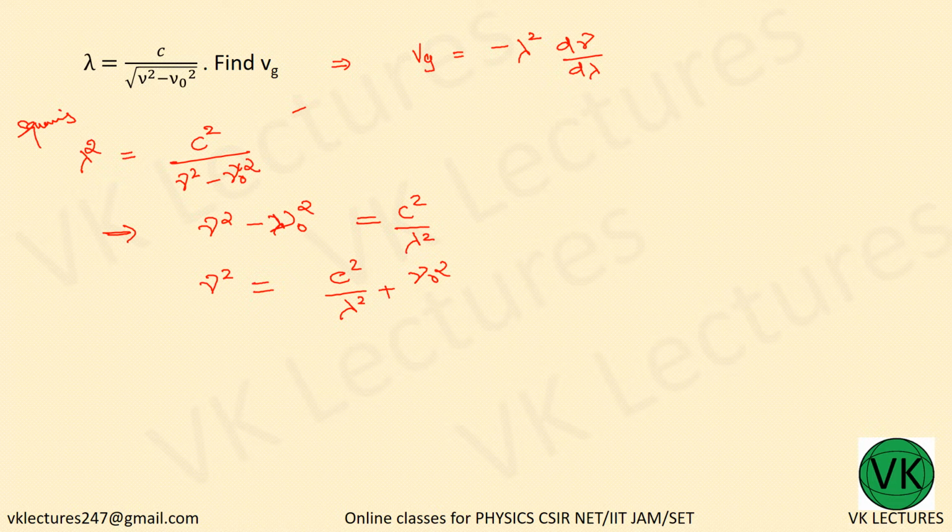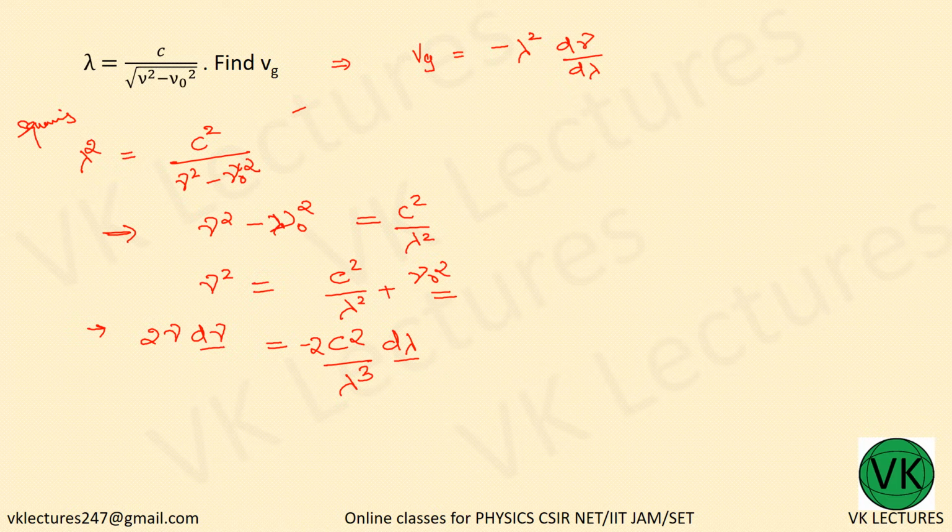Leave this here. Now you can differentiate. 2 nu d nu, differentiation of nu square, is equal to c square times, this is lambda, so this is minus 2 divided by lambda cube d lambda, and this nu naught is a constant that you can leave. Now you need d nu by d lambda.